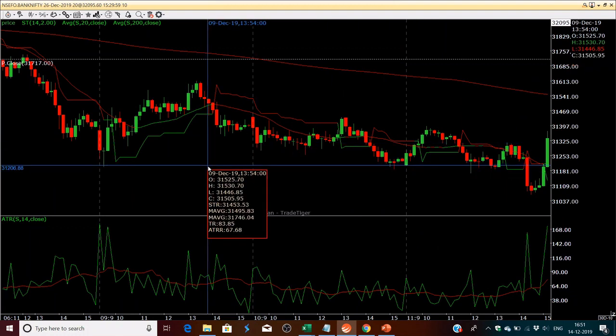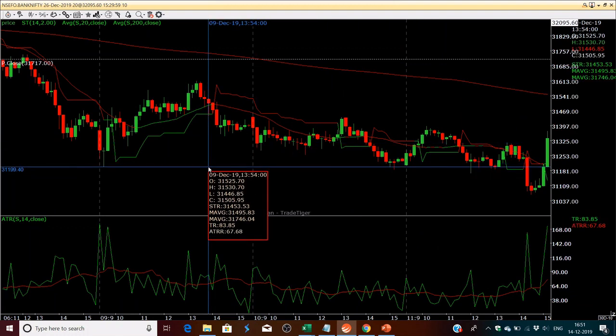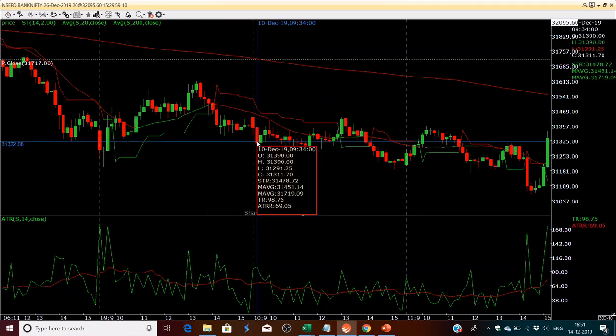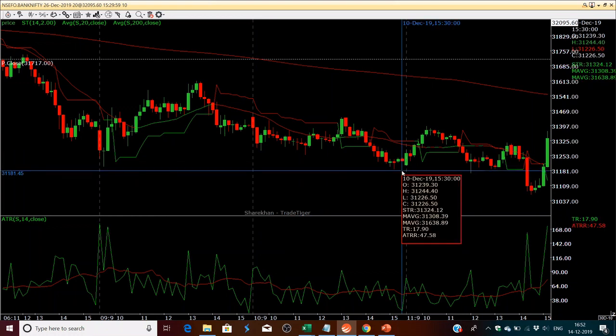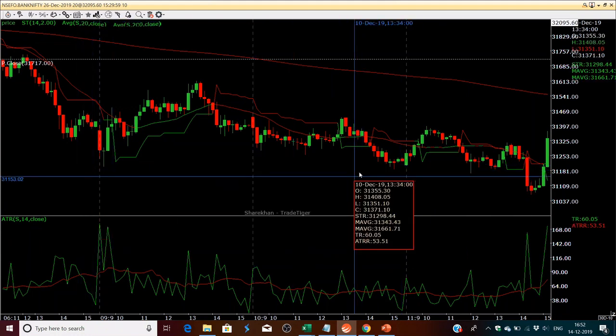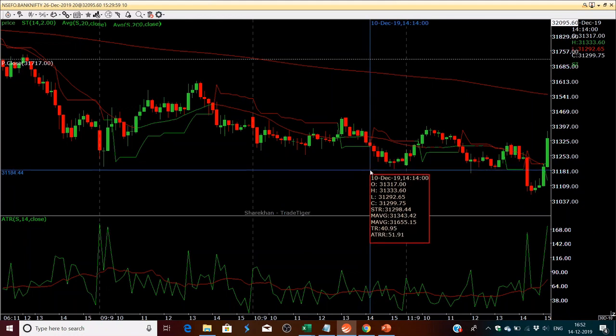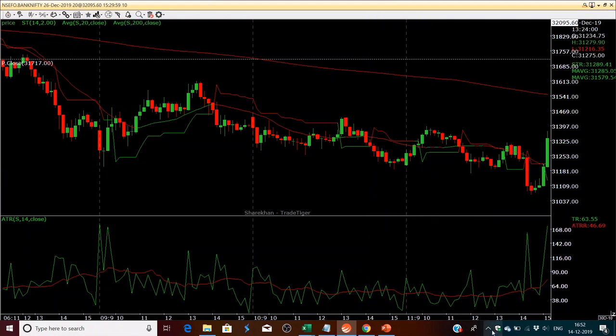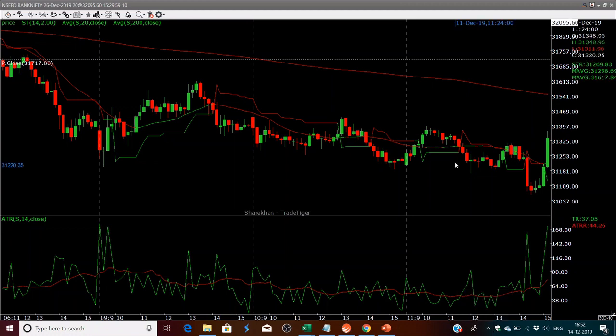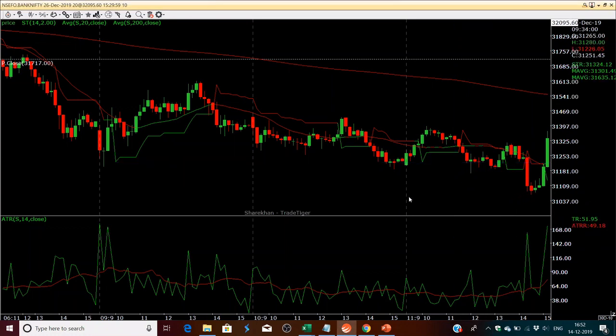So this was the swing low. If you are entering the trade on this day, this is a short trade here. So both the swing lows are coinciding. So this is a good level for you to have a stop loss, like 2 or 3 points away. Right, so that's how you place the swing low.